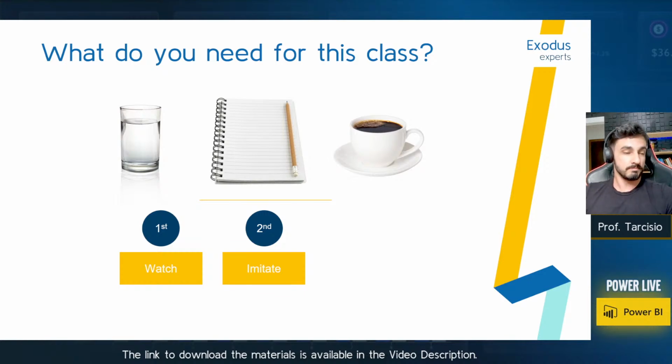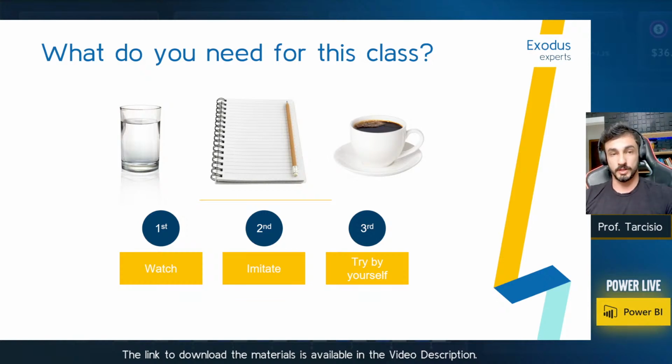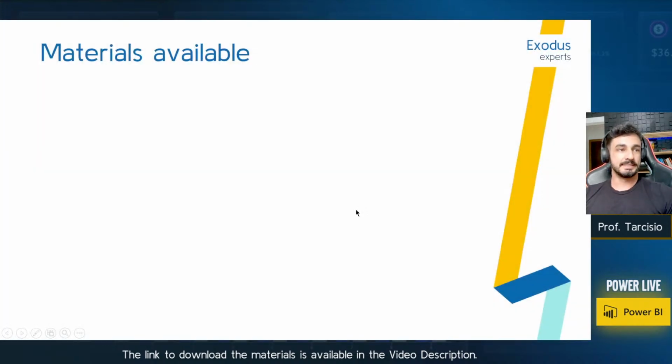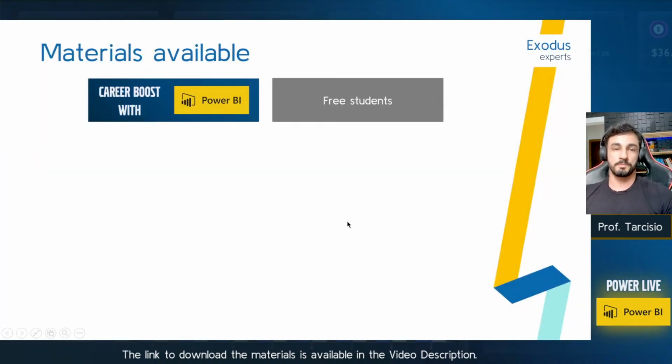And in the third time, that is when you are going to learn this for real, when you are going to try this by yourself. It could be in a new project, in a project in your company, or if you want to do this project all over again, but without consulting this video. And the materials available, I will share the materials that I'm going to use here with you.